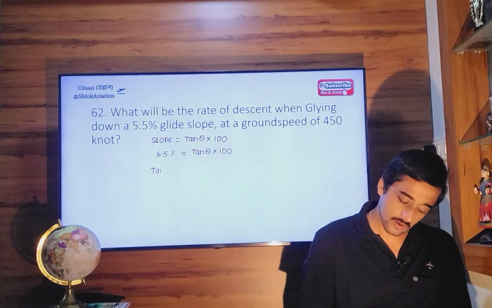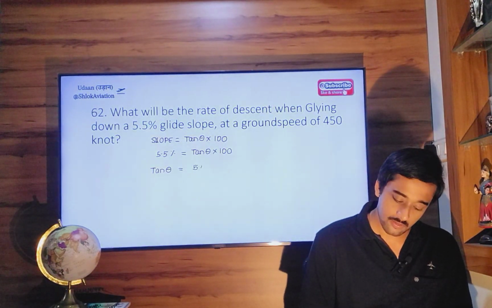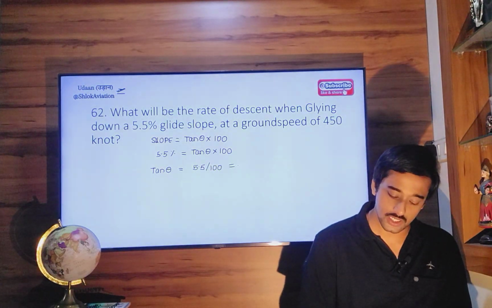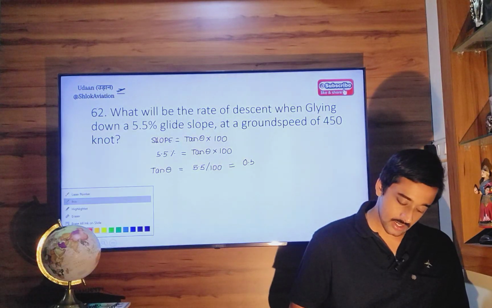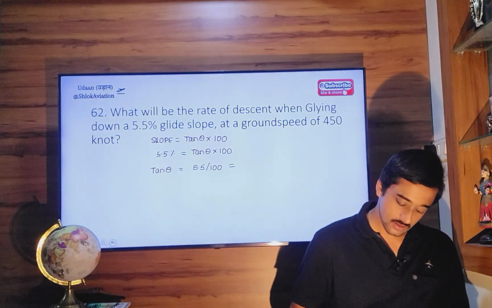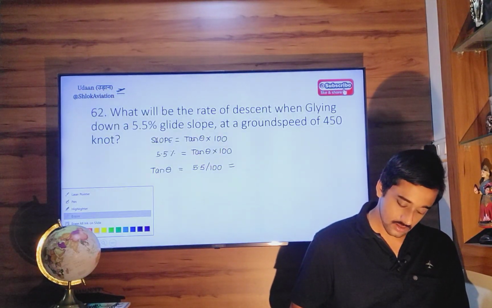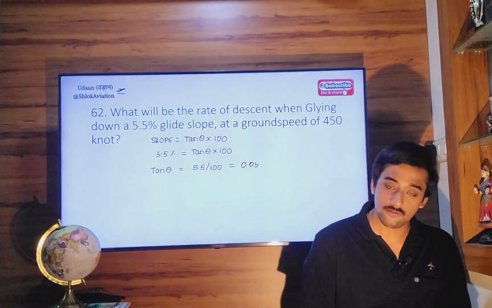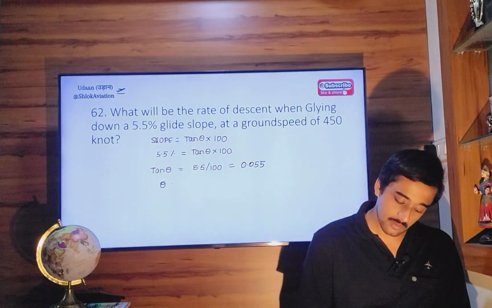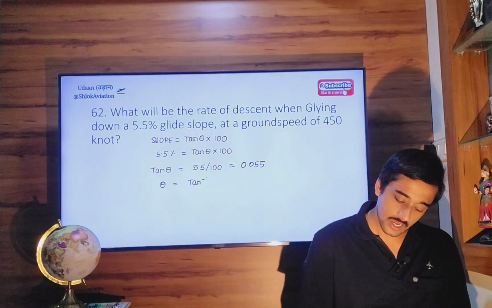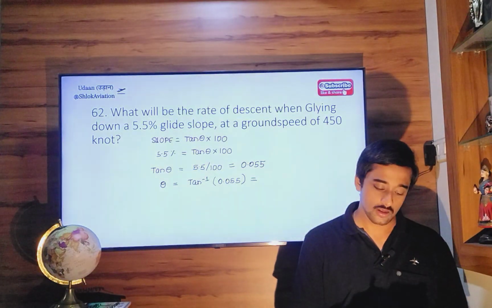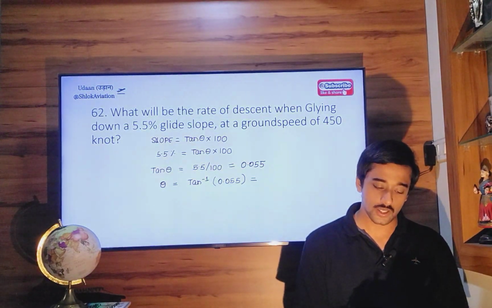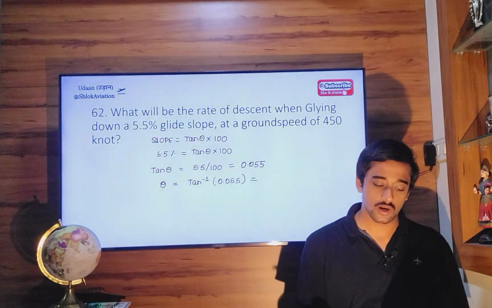So tan theta equals 5.5 divided by 100, which is 0.055. So theta will be equal to tan inverse 0.055. So tan inverse 0.055 is equal to 3 degrees.